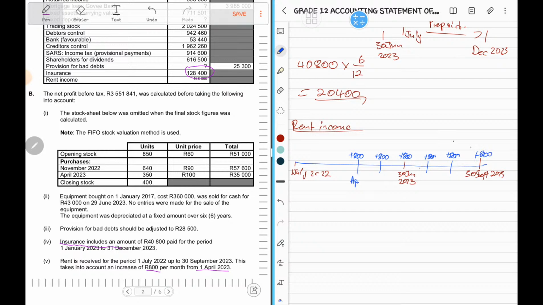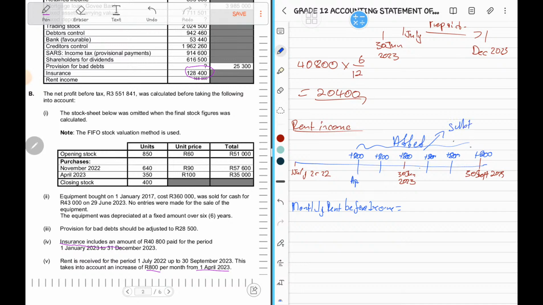So what we are going to do now, first thing first, is to find the monthly rent before the increase. And to find the monthly rent before the increase, since these amounts here were added, we first have to subtract them.